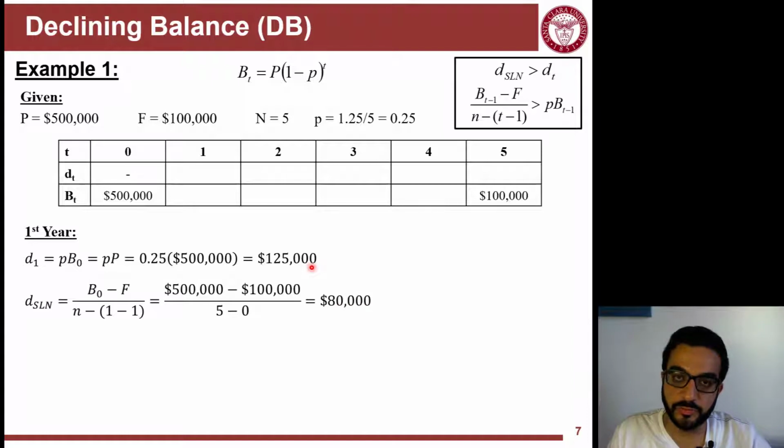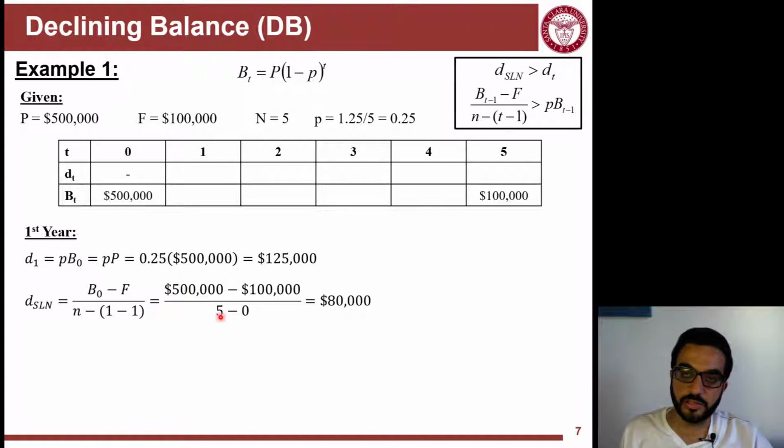If I decide to follow the straight line here, which is not typical to switch to in the first year, but we're doing the check anyway. So D straight line is equal to B(t minus 1), or in the first year B0, minus F, divided by n minus t minus 1, and t here is equal to 1.